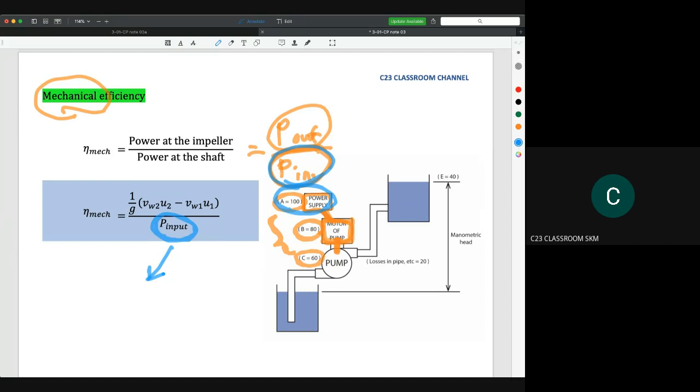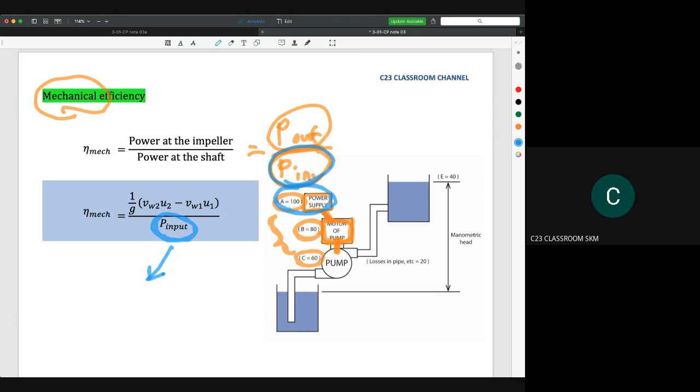For example, if you buy a motor or a pump with 1000 kilowatt, that 1000 kilowatt will become your power input, because that is the specification of the pump. That is the input of the pump.